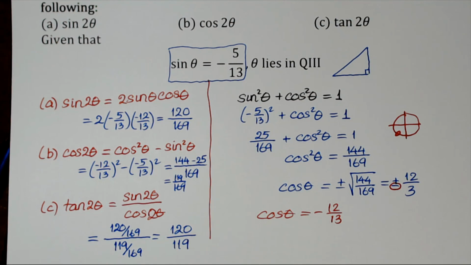So it looks like we still have 169, and we have 144 on the top, minus 25. So we will have 119 over 169.